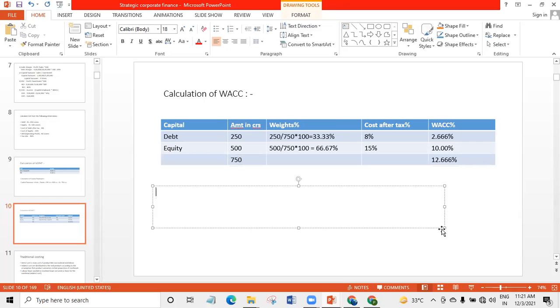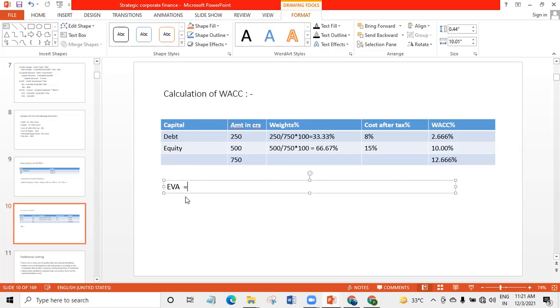Calculate the economic value added: net operating profit after tax minus, in bracket, the investment amount, that is capital employed, multiplied by WACC.